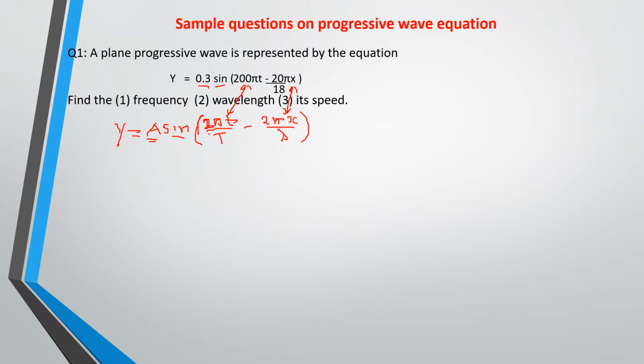You write, comparing the two equations, this equation and this particular one that you have written. When you compare the two, you see that 2 pi t all over T is equal to 200 pi t.